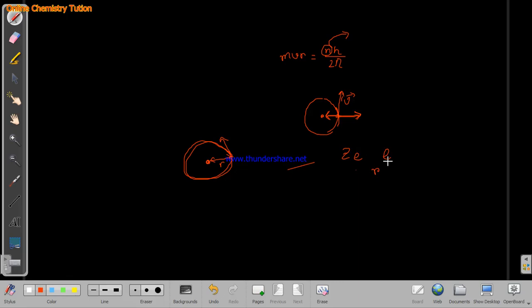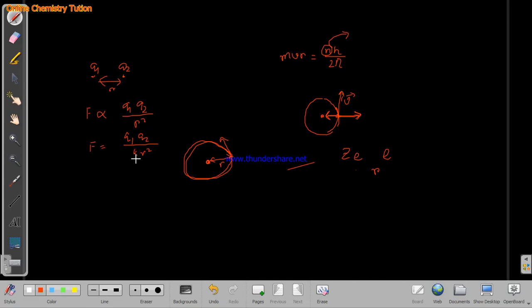Now according to Coulomb law, when two charges q1 and q2 are separated by a distance r, the force acting between them is proportional to q1 into q2 by r square. When we make this an equality, a proportionality constant k comes in.